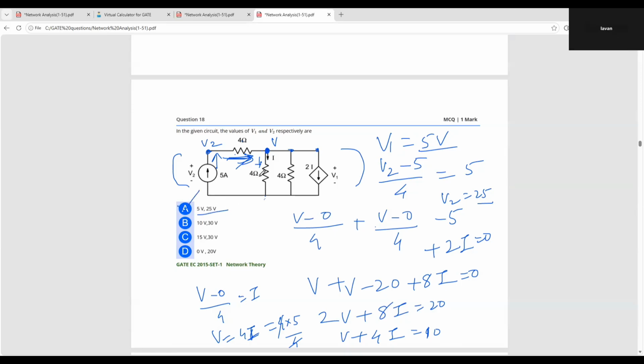Sir, at first we took V minus V2, but now while finding V2, we are taking V2 minus V. Why? You take V minus V2. V minus V2 by 4 is this current.